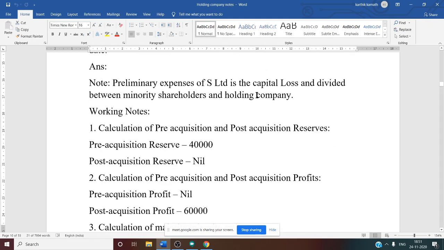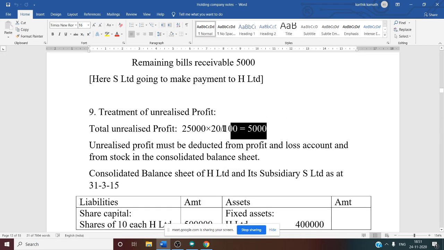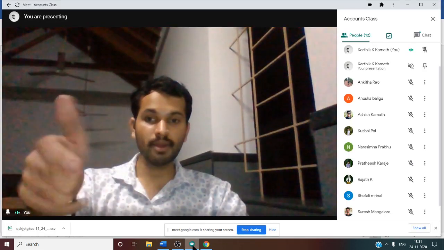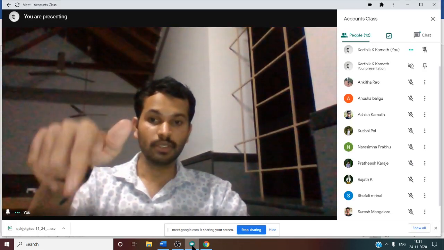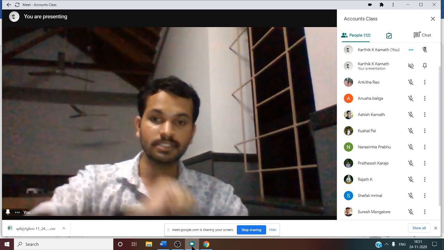So that is why, for the unrealized profit on 25,000, they have said 20% on sale, so you have to take 20% of 25,000. But suppose a cost price is given in the question, then you have to convert it into the selling price. For example, 25% on cost is given in the question.